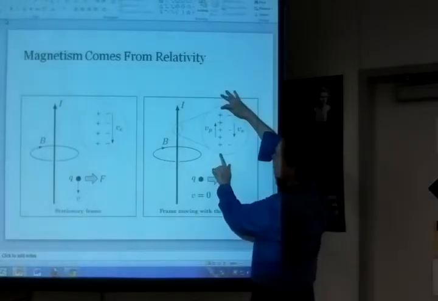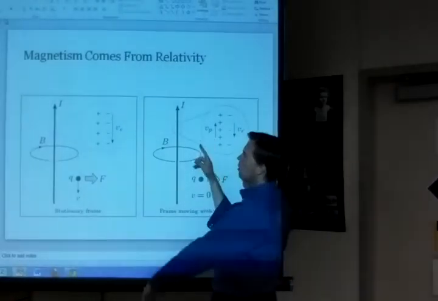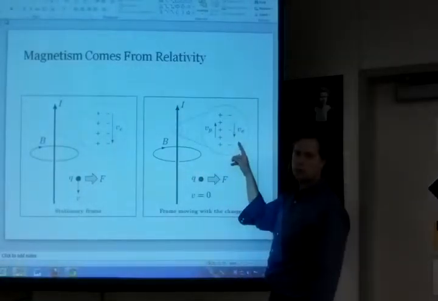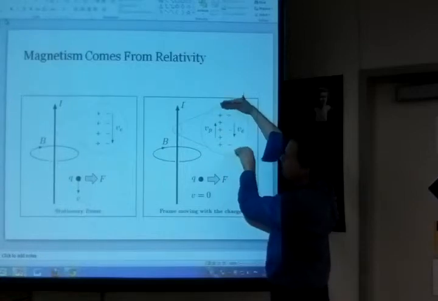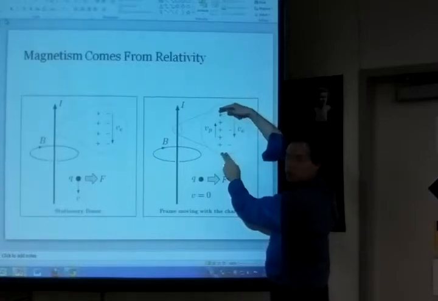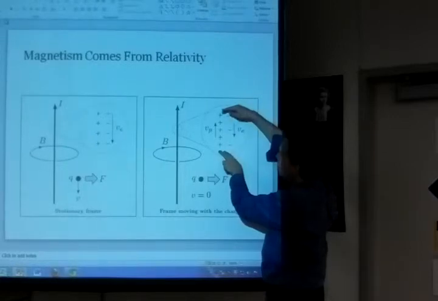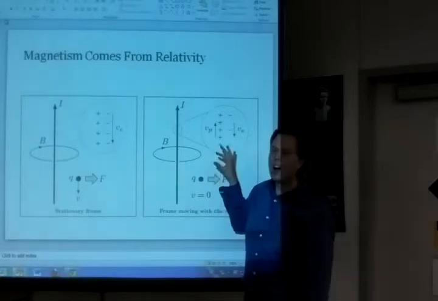So we get length contraction because we go from 0 to something for the positive charges. We get an expansion because we go from something to something smaller for the electrons. In the end, in this little space for this example, we've got 5 positive charges, we've got 3 negative charges. We've got 2 extra positive charges than we ought to have.